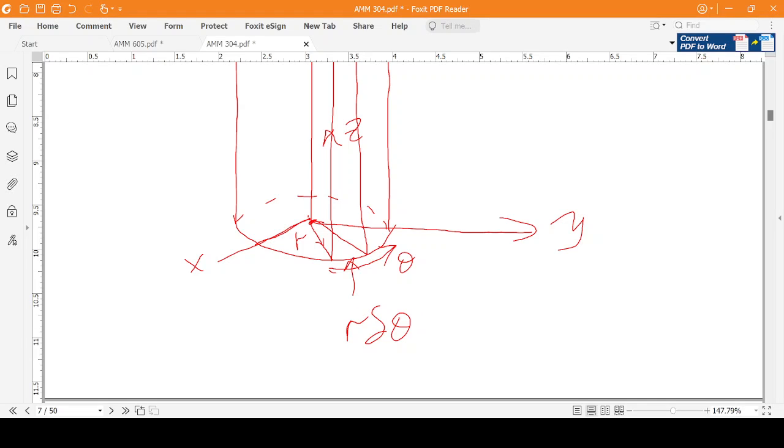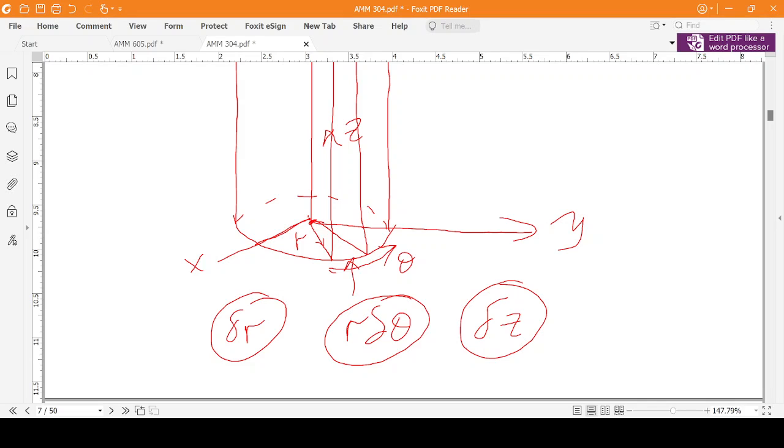Then when you are moving up, you are moving along the z-axis. So you'll be talking about a small length dz. When you move along the radius, then you can think of the small length delta r, so that you have the quantities delta r, r delta theta, and dz.